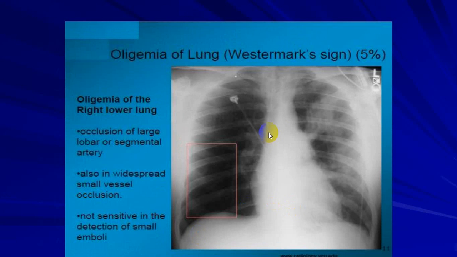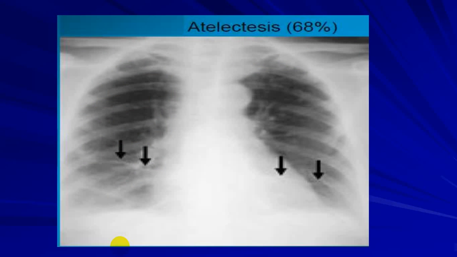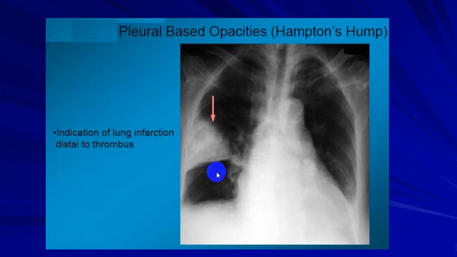You can see here this is called Westermark sign, where you get oligemia of the right lower lobe, occlusion of a large lobar or segmental artery. You will have atelectasis. Hampton's hump will be seen in the periphery, which indicates lung infarct.